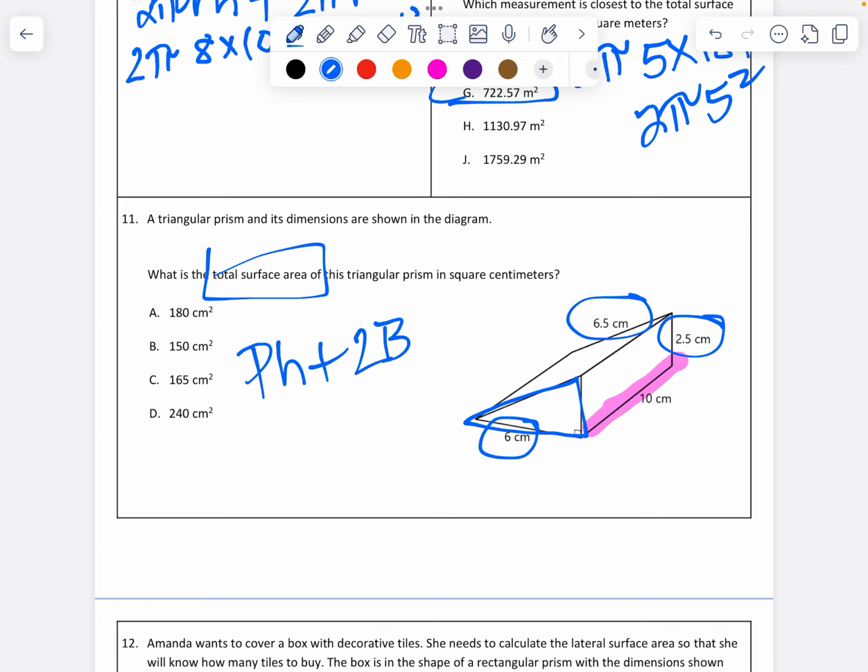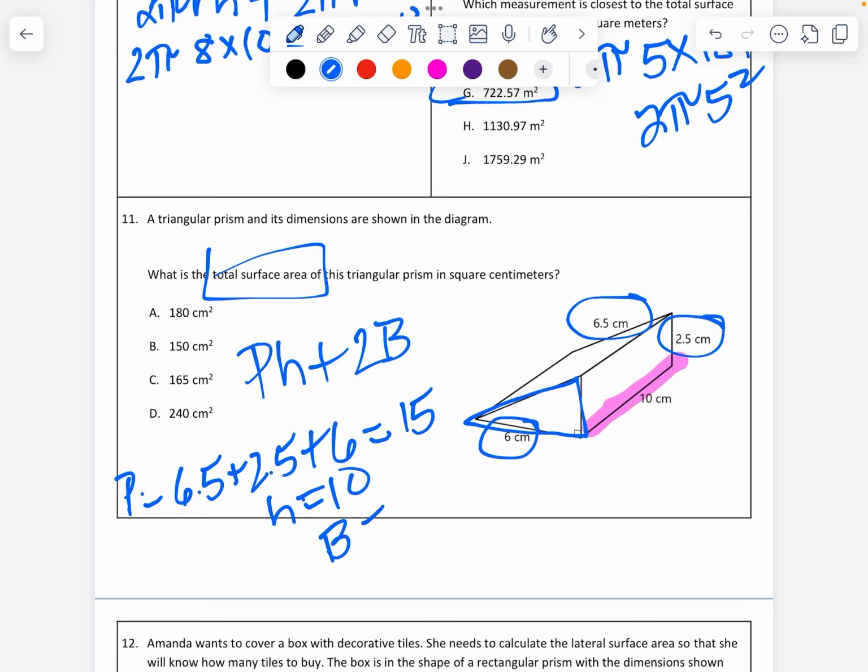All right, so first perimeter. It's going to be 6.5 plus 2.5 plus 6, that's going to be 15. The height is 10. And my big B is going to be base times height divided by 2, because it is a triangle. It's not going to be that slanted side. It's going to be the 6 and the 2.5, divided by 2.